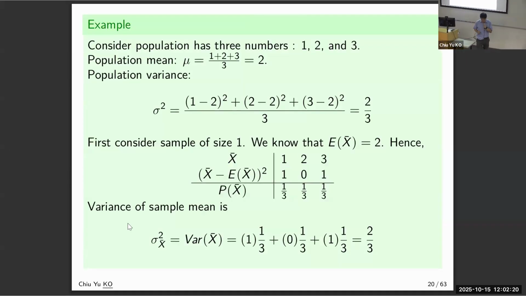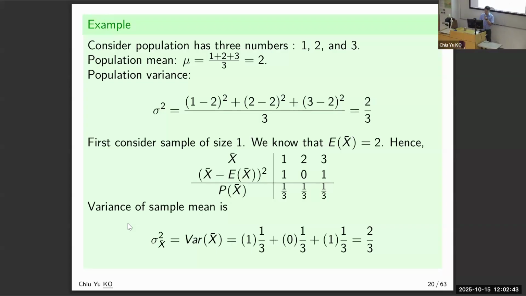Now let's convince you that the standard deviation of the statistic, or sample mean, right, will be the population variance over n. So look at the question again, number 1, number 2, number 3, right? Mr. 1, Miss 2, and old man 3. Okay.